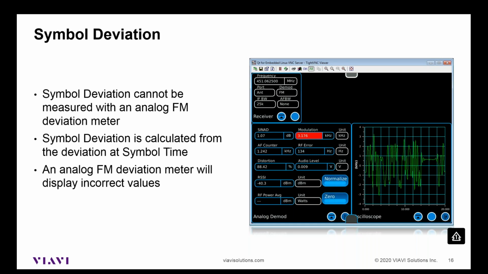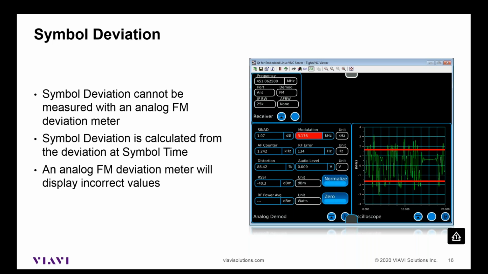If we were able to look at that on the oscilloscope, it would look something like this, where there's 1800 hertz in the red lines there. So you can see on the oscilloscope that the symbol deviation does not correlate to the FM deviation that is measured using a standard modulation meter. So that means that you can't use that modulation meter to measure your symbol deviation.